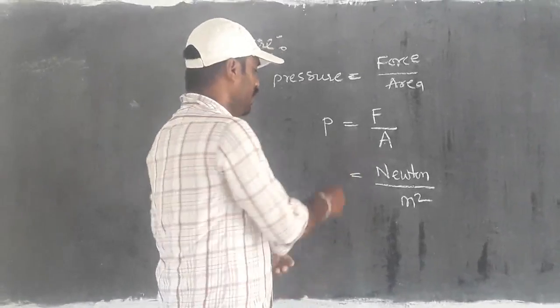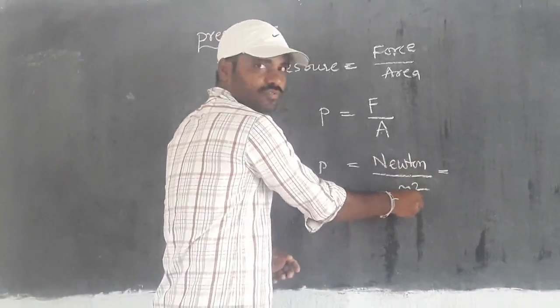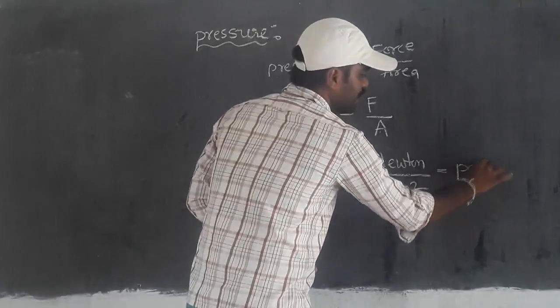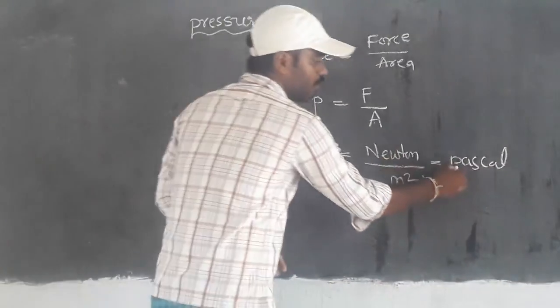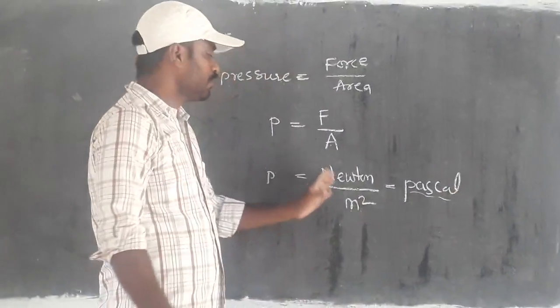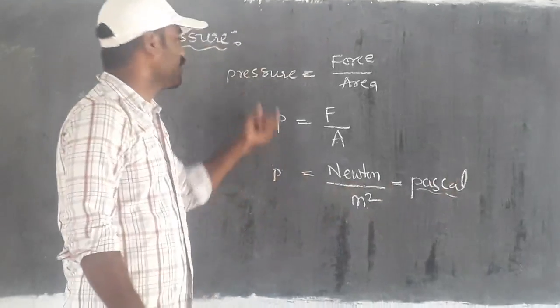Then ultimately the pressure unit is Newton per meter square, which we call Pascal. Newton per meter square, that we call Pascal. It means 1 Newton per 1 meter square indicates 1 Pascal. So Pascal is the unit for pressure, right?